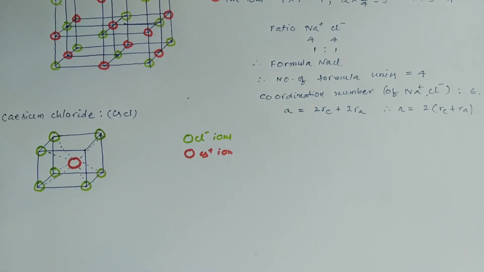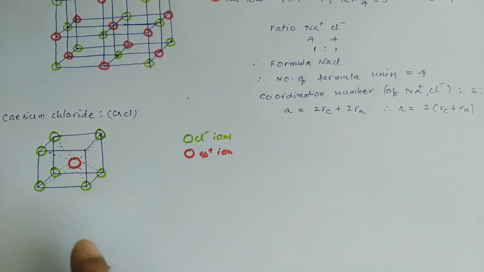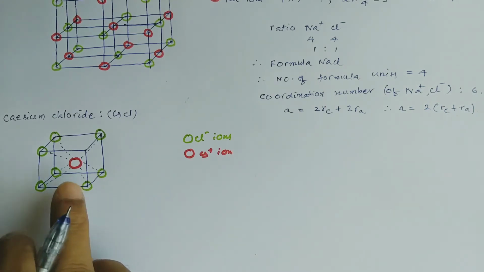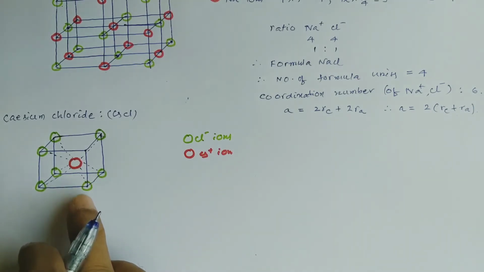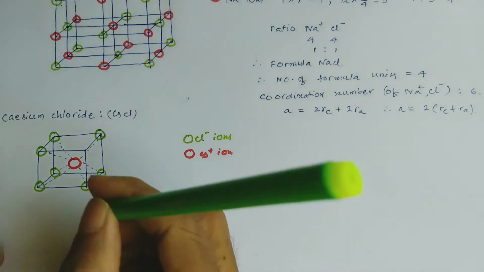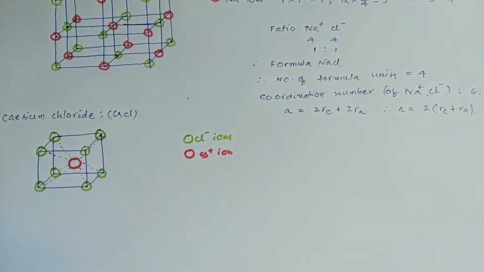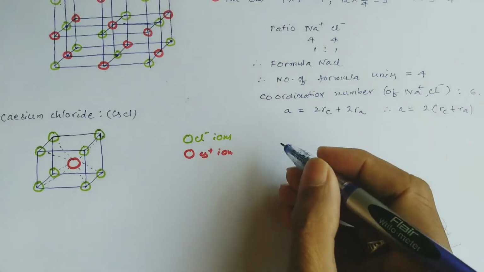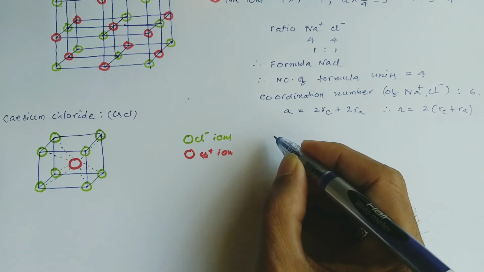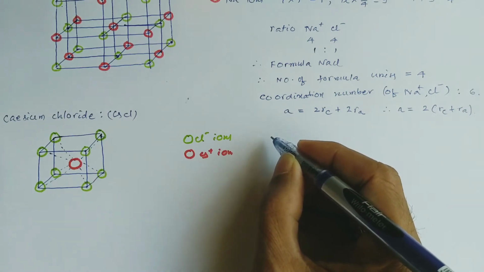Let us calculate the contribution of the ions to the unit cell. Even though there are 8 chloride ions visible here, only some part of each is contributed to this unit cell because there are many unit cells that commonly share these lattice points. So how do you calculate the contribution? It is the contribution of a lattice point to the unit cell into the number of lattice points.